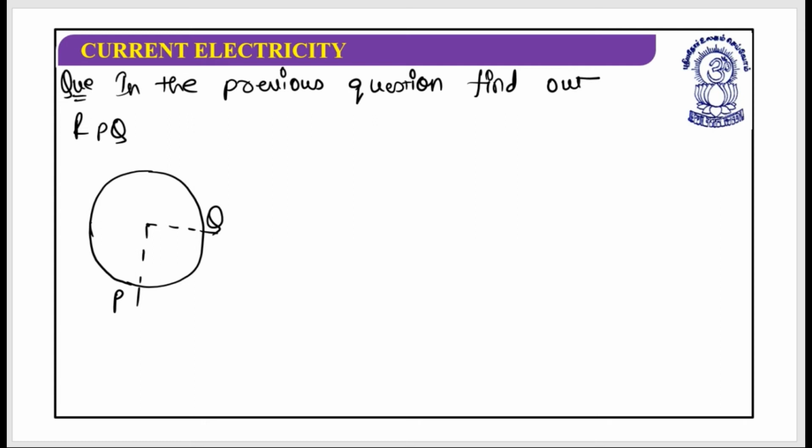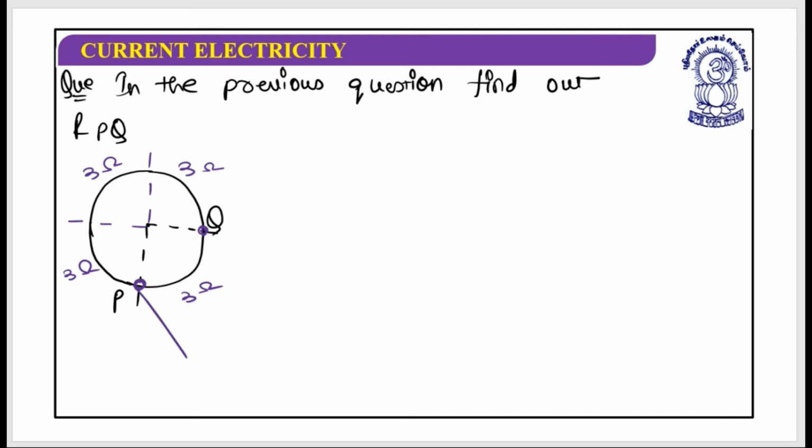How could you do this? What I need to do is divide this into 4 quadrants, and the total resistance is 3 ohm. So this is 3 ohm, this is 3 ohm, this is 3 ohm, and this is 3 ohm. All the resistances will be 3 ohm, and I need to calculate this RPQ.